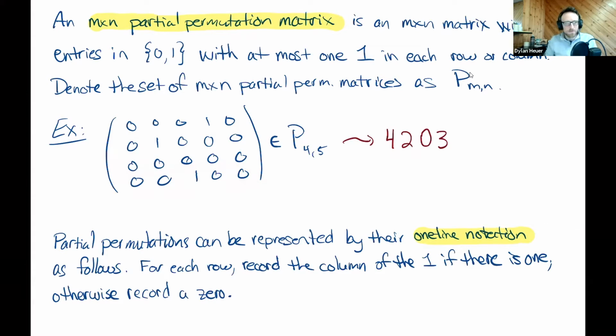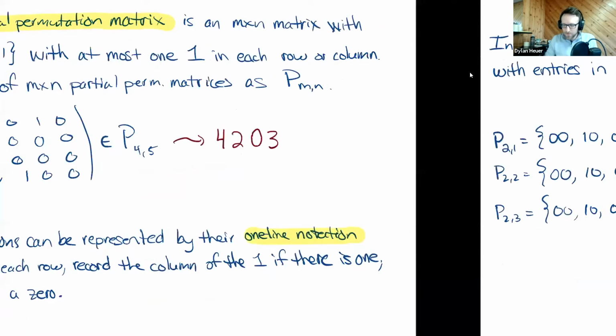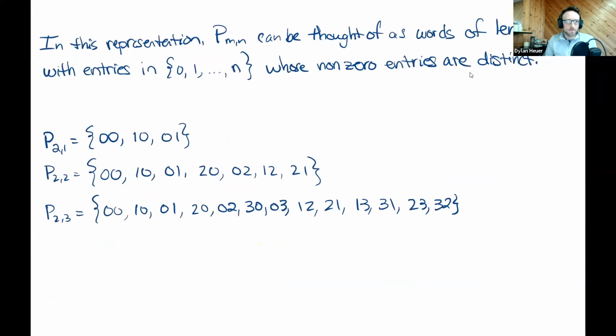In normal permutation land, I'd be remiss if I didn't mention the generalization that is alternating sign matrices, which allows negative ones to be included as well. We have a partial analog of that which I'm not going to get into in this talk, but that's the motivation for why I first started looking at these things.